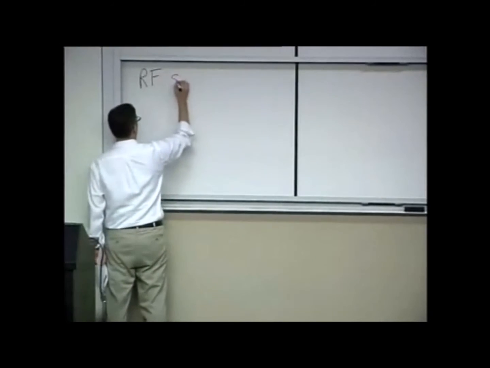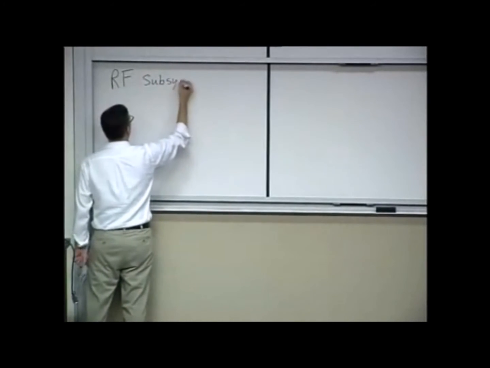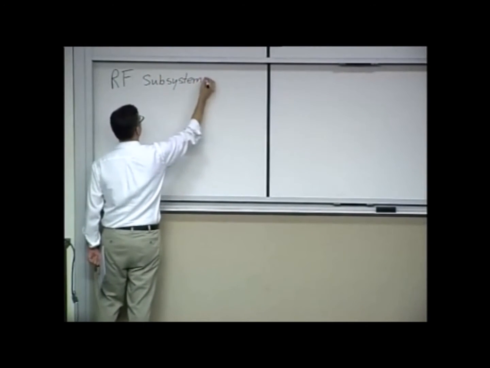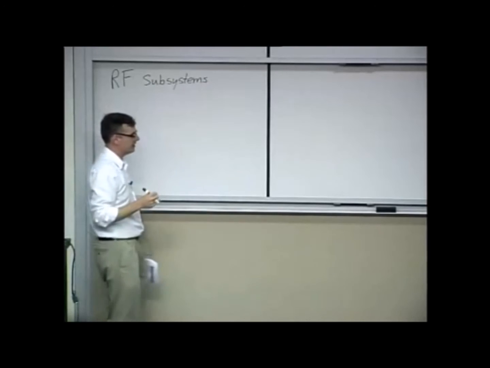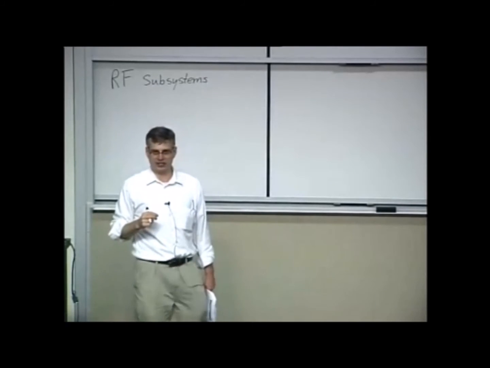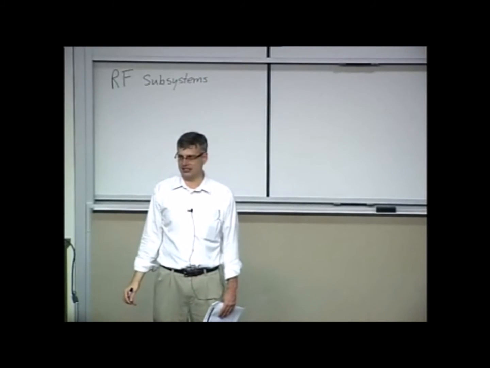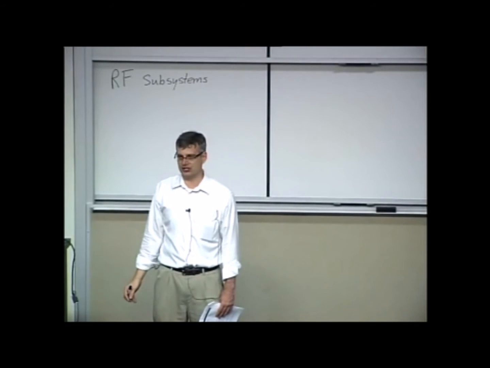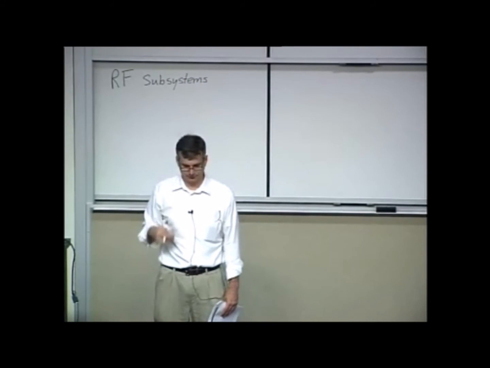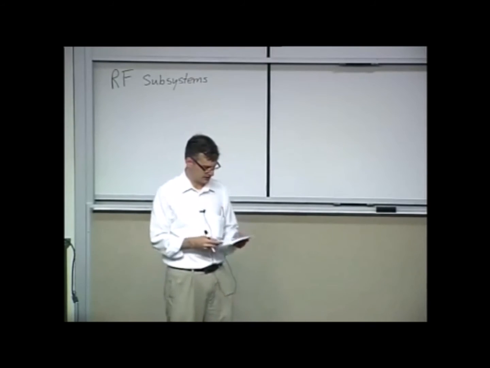That is the RF subsystems, radio frequency subsystems. And this is a good chance for me to introduce, at least at a block diagram level, some of the terminologies that we're going to be using in satellite communications to discuss systems for the rest of the class.